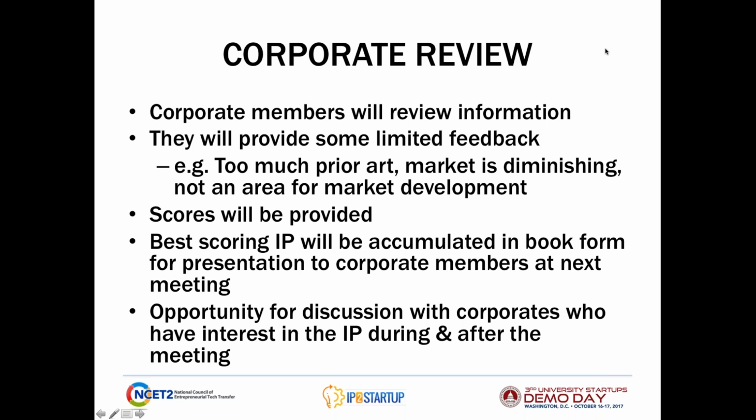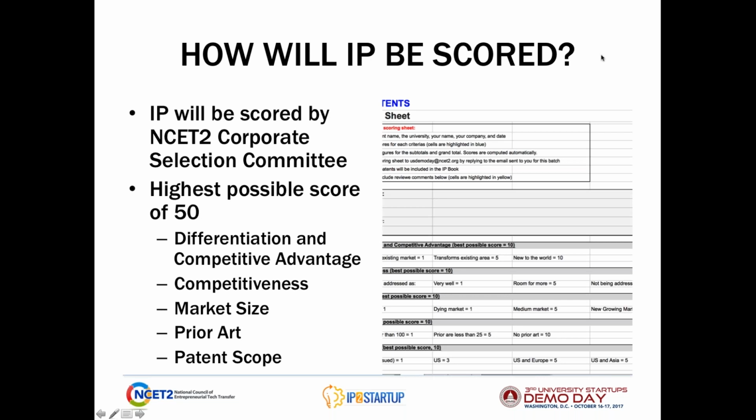And on the next slide, it kind of shows you the actual sheet of what we're doing. The highest score is 50. Basically this is an Excel spreadsheet that we're able to very quickly tally up what the scores are going to be. Again, looking at differentiation and competitive advantage, competitiveness in the marketplace itself, the size of the market, prior art, and patent scope.